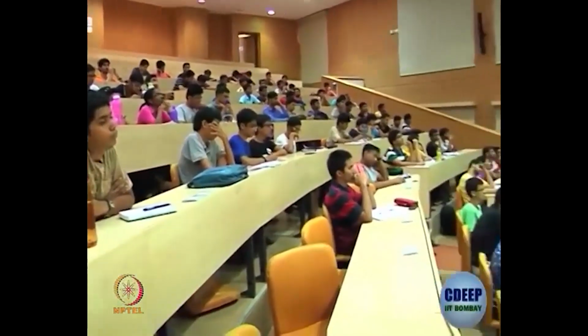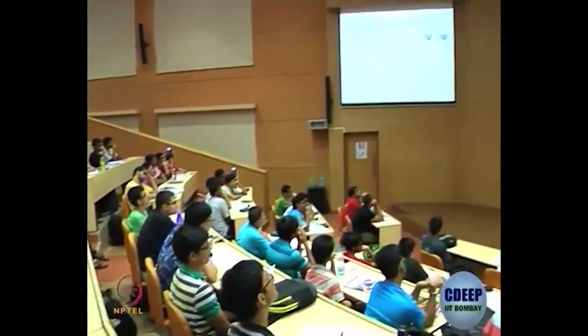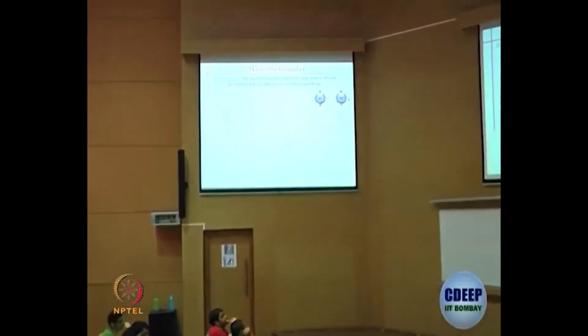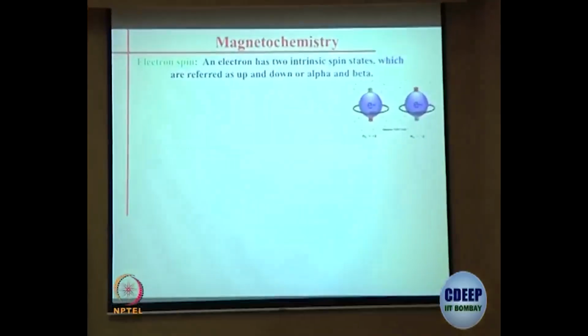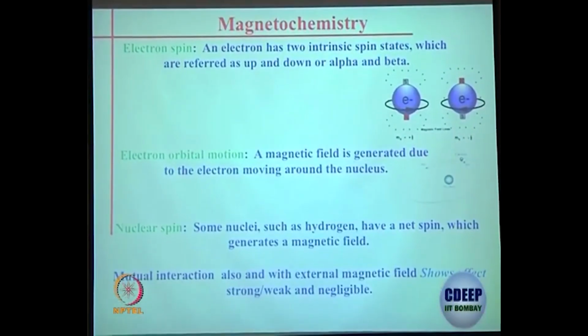Let me tell you again. Simply, an electron can spin, therefore magnetic moment values can come out of it, but opposite spins can cancel each other, as we were trying to say.